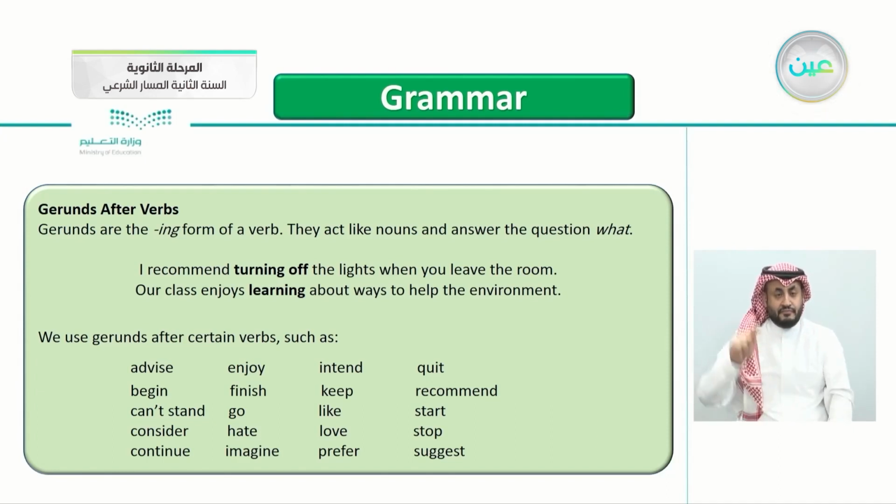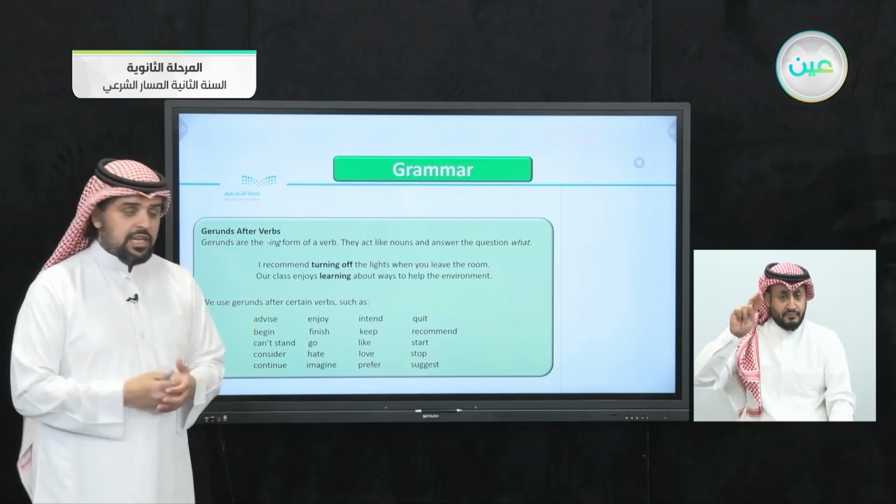This answers the question: what do you recommend? You say, I recommend turning off the lights. Or the other example here: our class enjoys learning about ways to help the environment. You can ask here, what does your class enjoy?